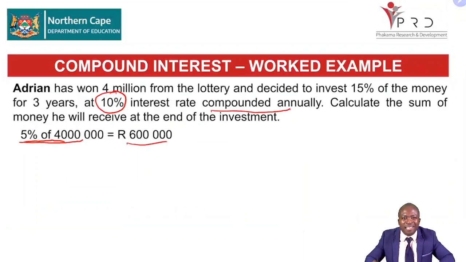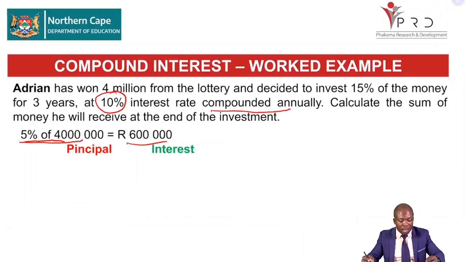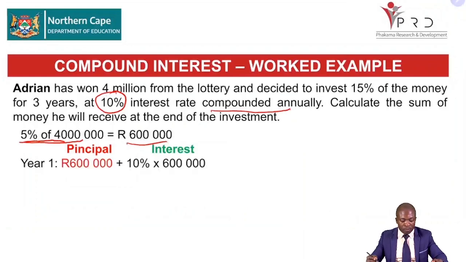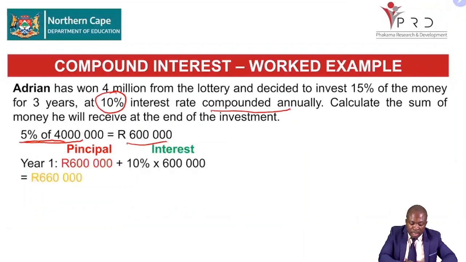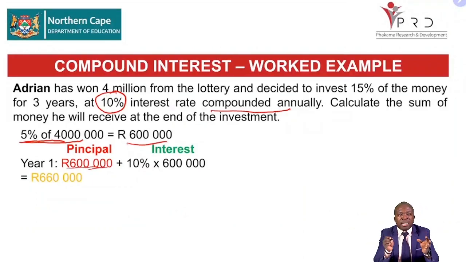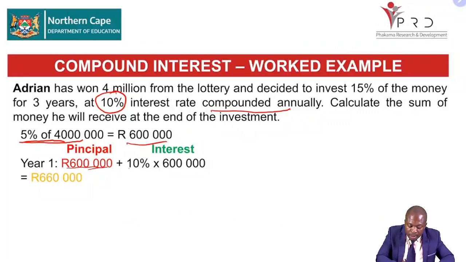What do we get? 600,000. I will explain to you as we go. So look at my left side. We've got year 1. My principal amount, the money that Adrian started with is what? 600,000. Then he's going to get interest of 10%.